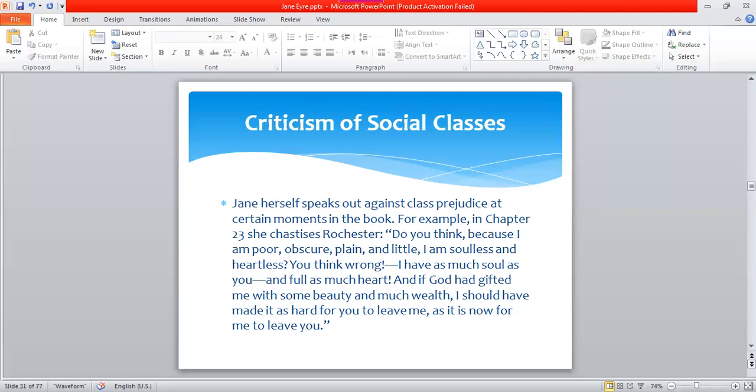Instead, she asserts that there is equality between the rich and the poor in having human feelings. And she supposes that if she has wealth, she will be equal to Rochester.